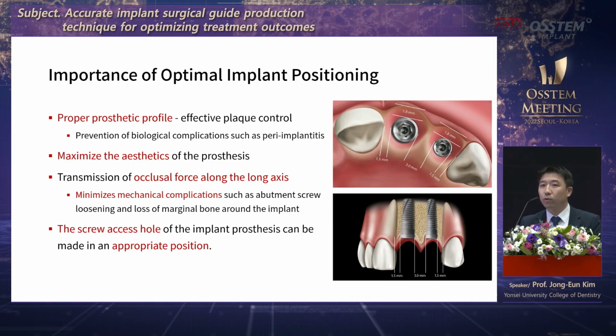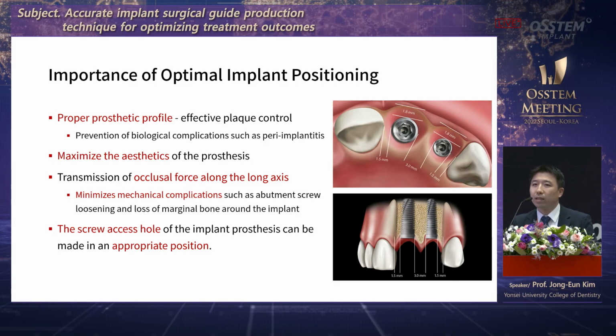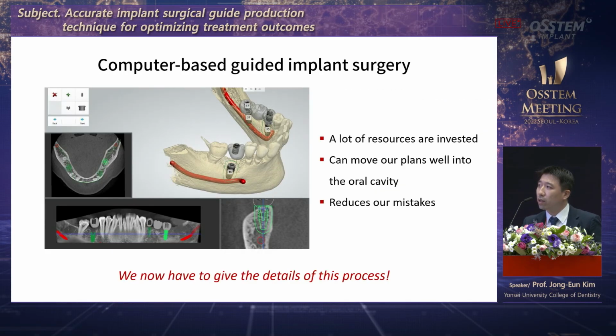If it is placed in ideal position, you can make ideal prosthodontic profile, and oral hygiene can be maintained and maximize the aesthetics of prosthesis. The transmission of occlusal force can be transferred along the long axis and minimize mechanical complications. A lot of people prefer a CRP type, and the screw access hole of the implant prosthesis can be made in the appropriate position.